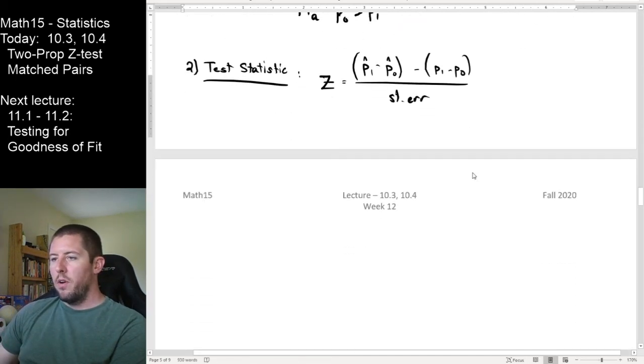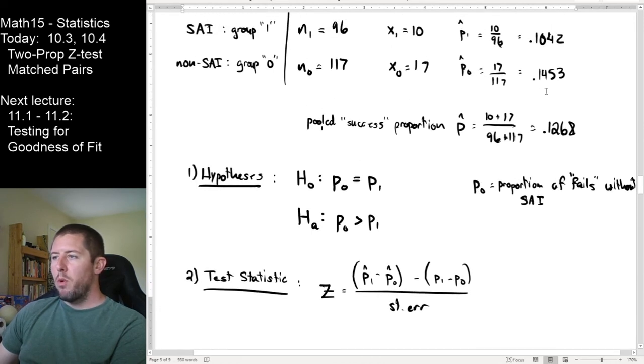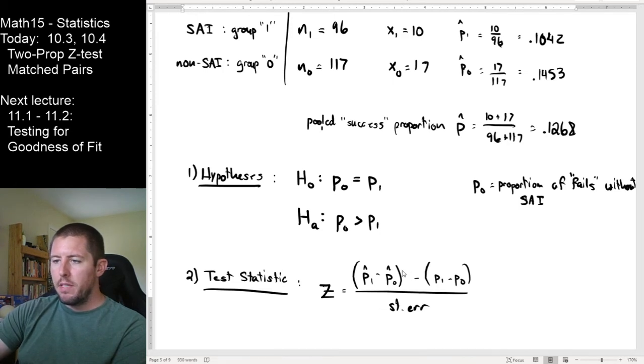And then let's go ahead and throw some values into this. We've got our two sample proportions right here. I'm noticing a small thing. I think I should be flipping this ordering based on how we're computing our test statistic.